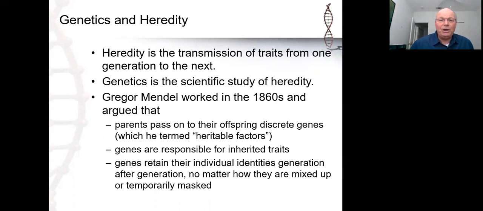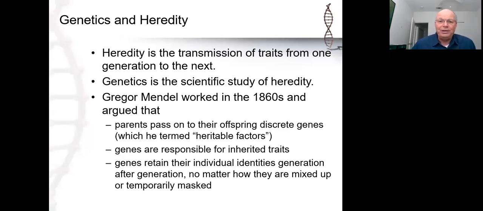What he was able to show was that, in fact, what he referred to initially as inheritance particles, the book says heritable factors, were just that. The idea of a particle was part of his thinking, that these particles remain discrete.